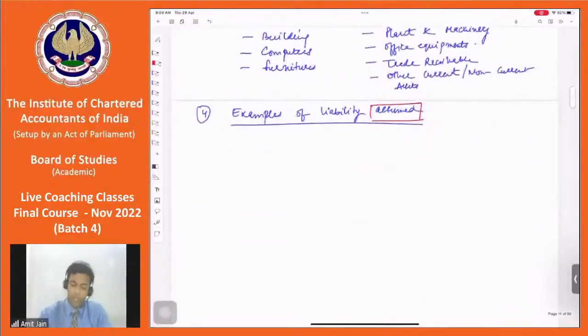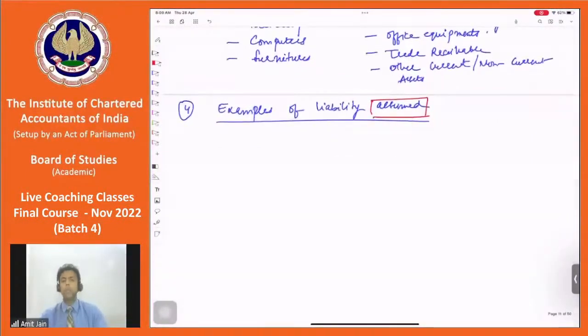Now you guys have to tell me, participate in the discussion. What are the different types of liabilities which the acquirer can acquire in the business combination? What can be the examples?